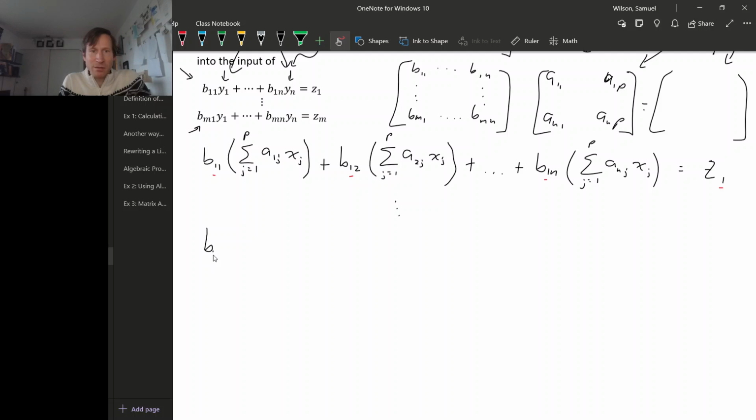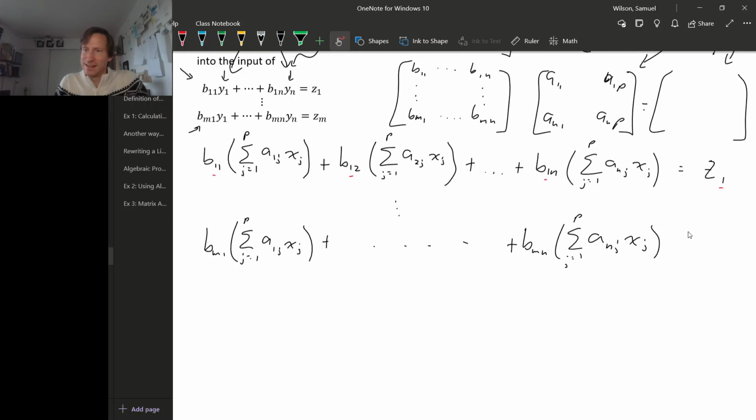So b sub m1 times this exact same sum from j equals 1 to p, a 1j xj, plus and so on, over to bmn times the sum from j equals 1 to p, anj xj equals zm.